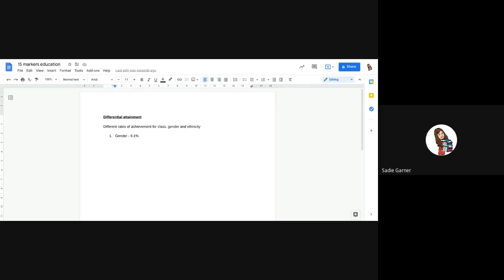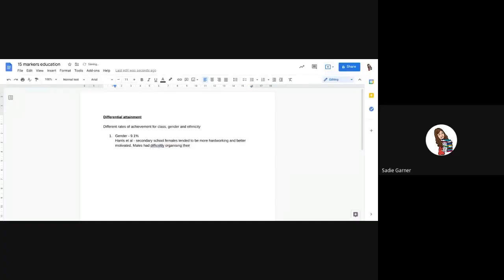So for gender, 9.1%. We're going to pop Harris et al. Found that secondary school females tended to be more hardworking and better motivated.